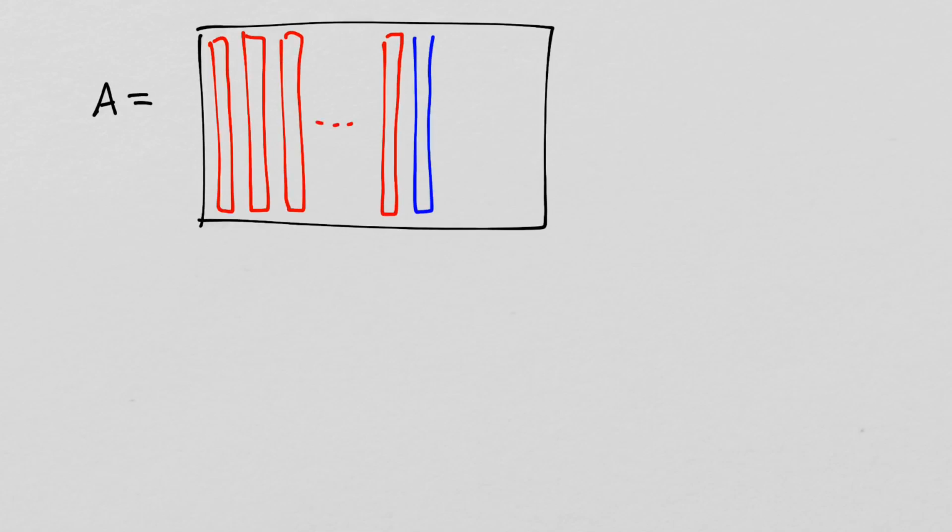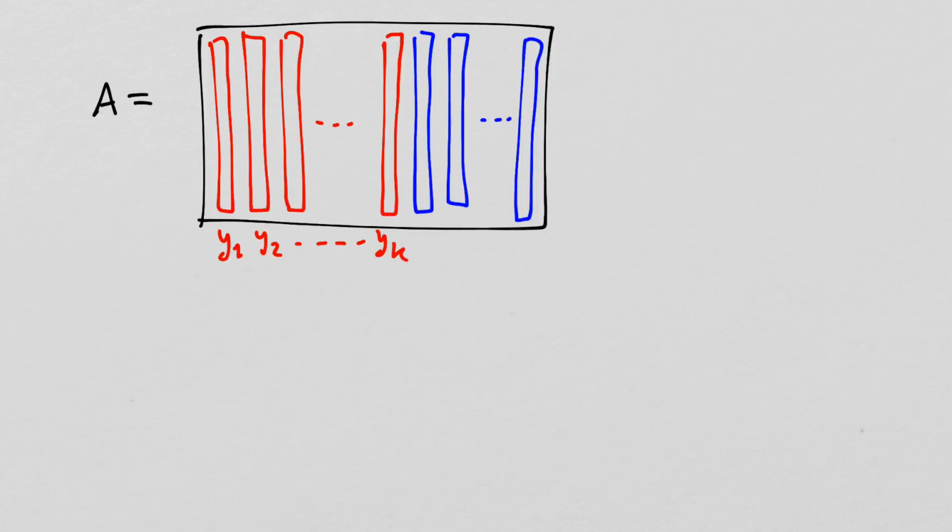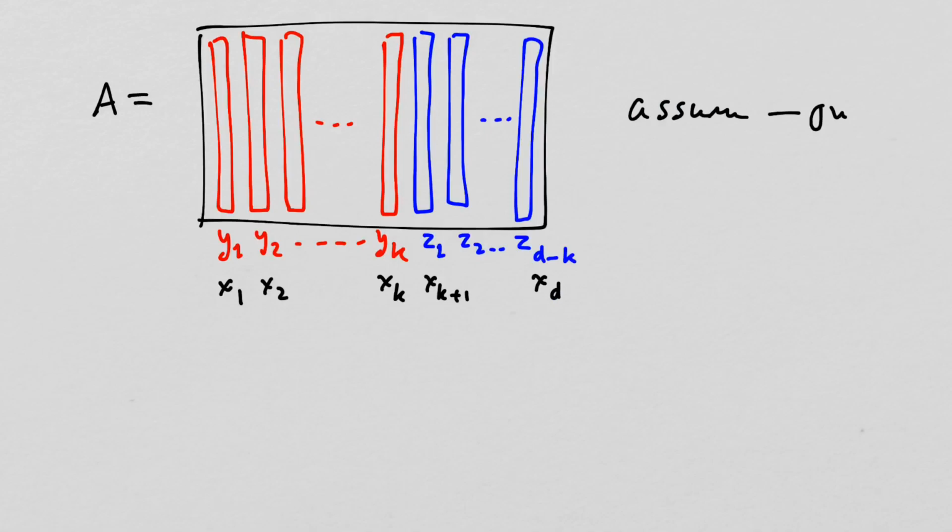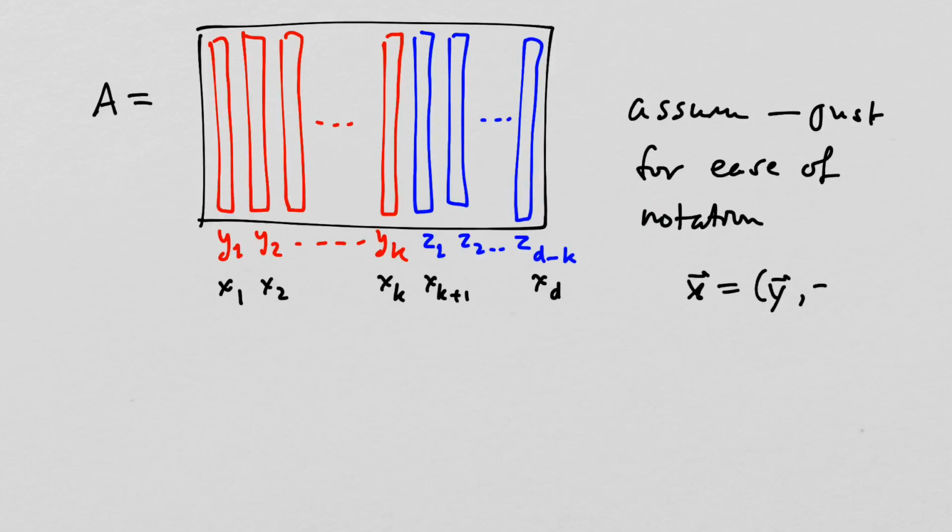There's no loss of generality in assuming that it's the first k of the variables that are the y's, and then the last d minus k are the z's. So in other words, x1 is the same as y1, x2 is y2, xk is yk, and then x sub k plus 1 is z1, and so on. Let's assume this, just for ease of notation. And then we can write x as exactly the concatenation of y and z, with no interlacing necessary.